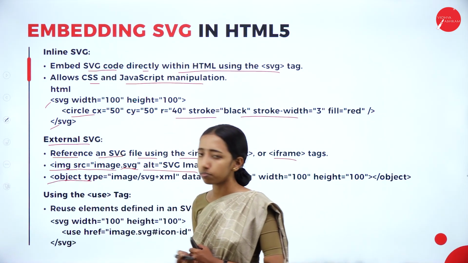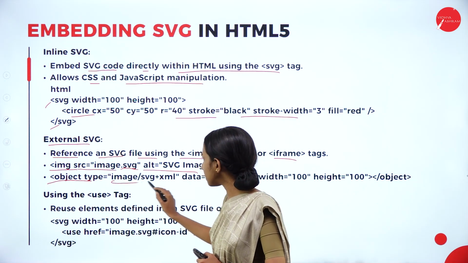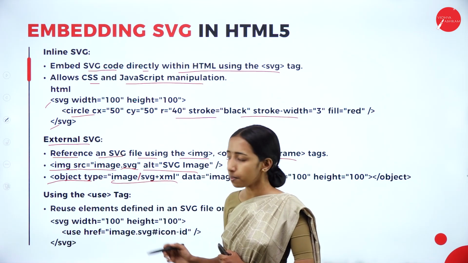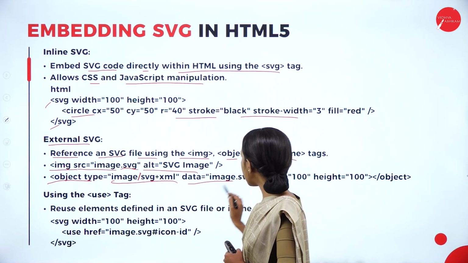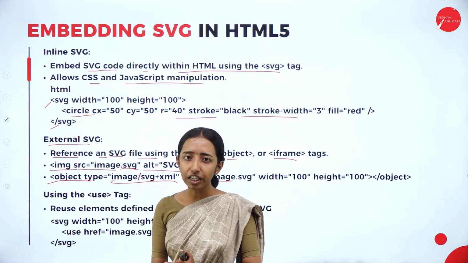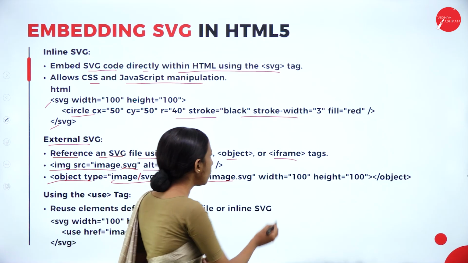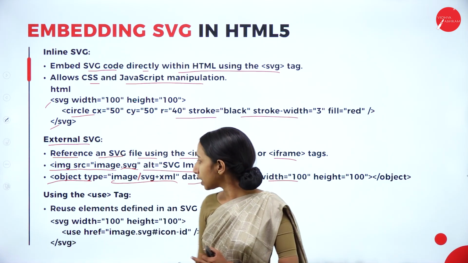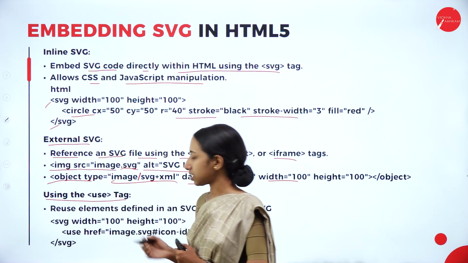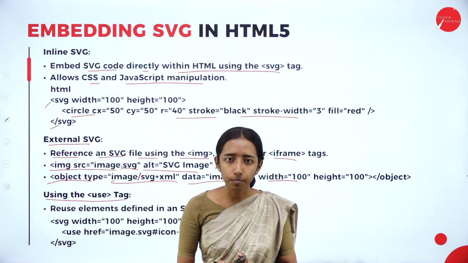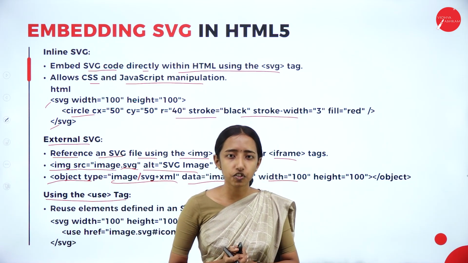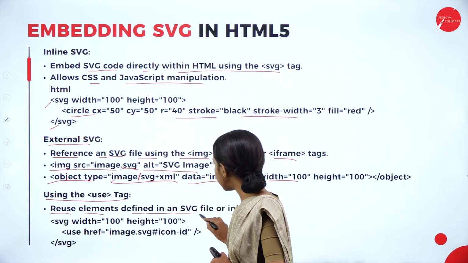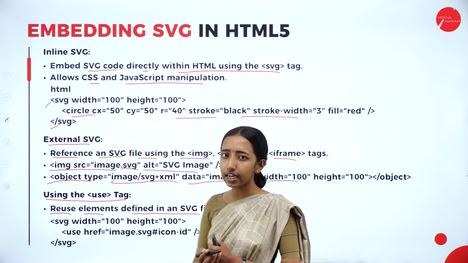Next we have taken the object type. So here also you can see we have taken the object type image/svg+xml, data is image.svg, and width and height what we want, like 100 or 200. Next, using the use tag. Here is another concept where we can use the use tag in the HTML file. It will reuse an element defined in the SVG file or an inline SVG.